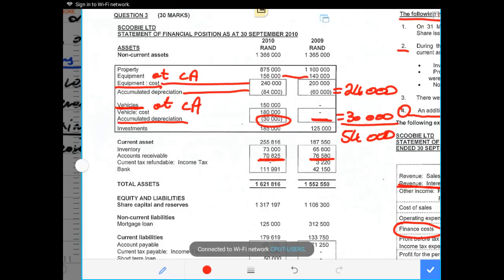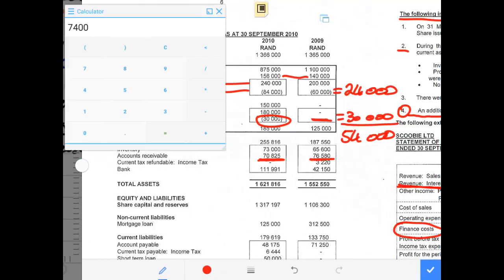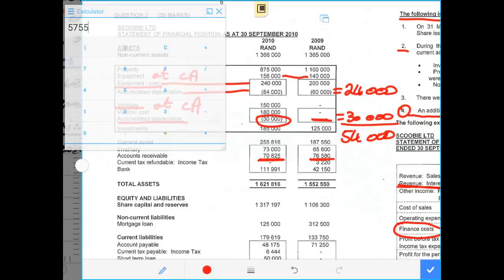Now that means our account receivables decreased. Let us determine the amount by which our account receivables decreased. It is 76,580 minus 70,825.